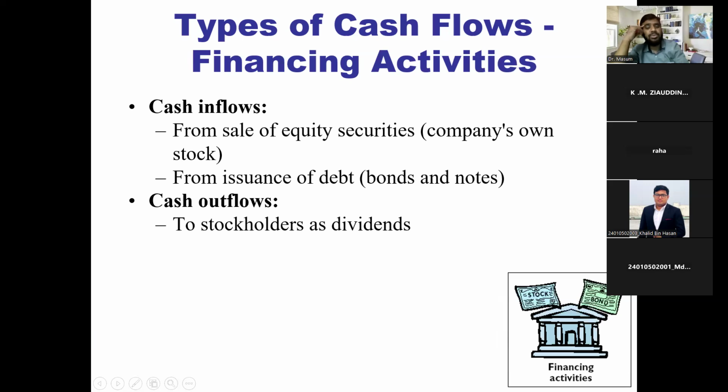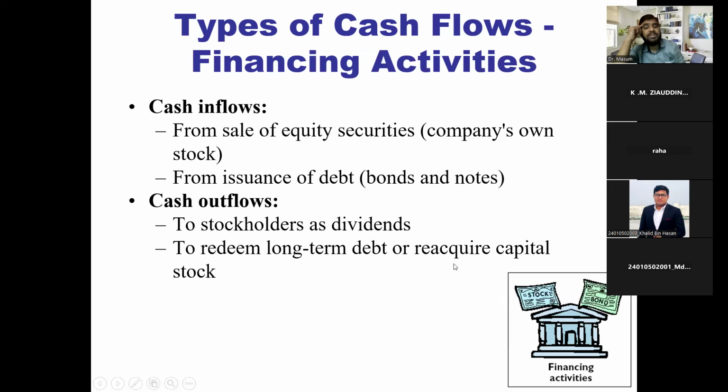And outflows include when you are paying stockholders dividends, which is financing, because they are the owners, so you are giving a share of profit. Dividend means share of profit. To redeem long-term debt or reacquire capital stock.